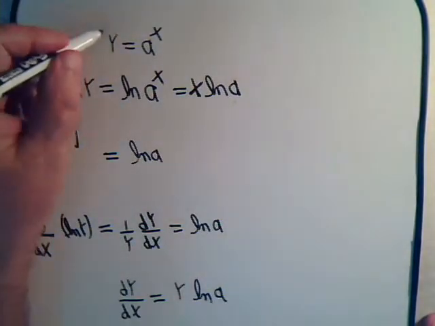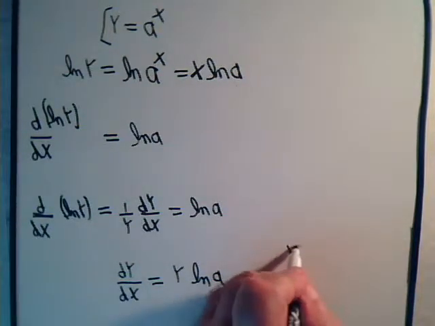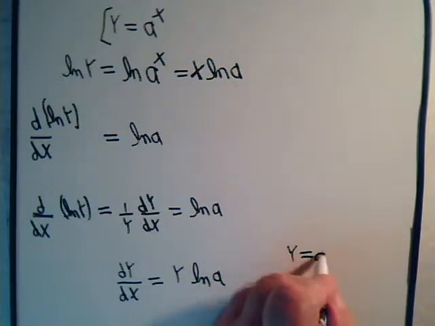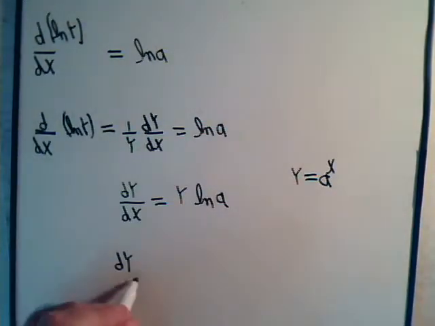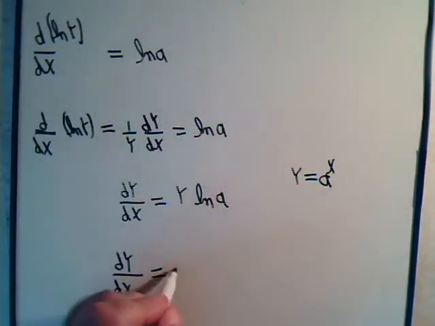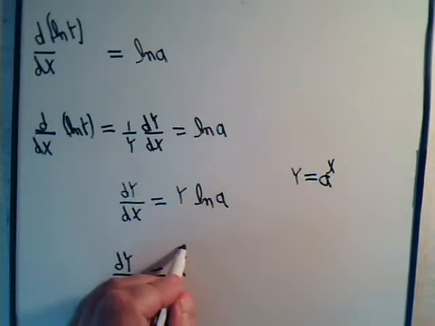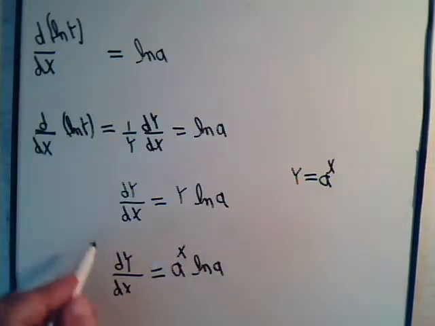And we look back up here, this is what y is. So we can say y equals a to the x power. That's what we started out with. So we can say dy/dx equals y, that's this, a to the x times the natural log of a.